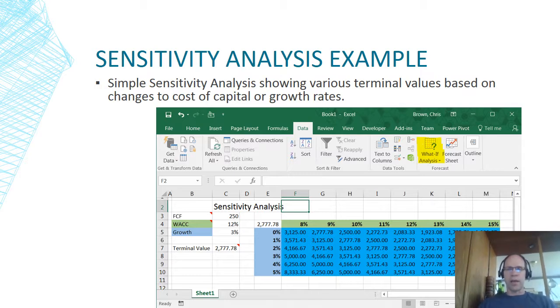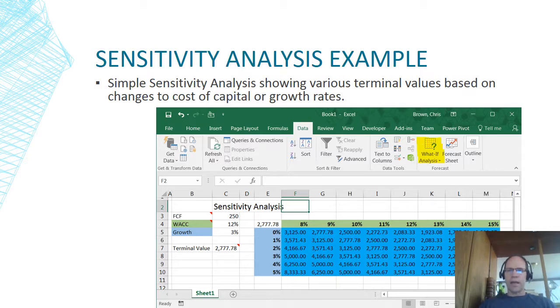Well, how did I do that? I used the what-if analysis feature of Excel to run those calculations. Essentially, I put these percentages going across the top and these percentages going down the side, and then the terminal value from this calculation goes right here, and then you just highlight this whole block of cells.